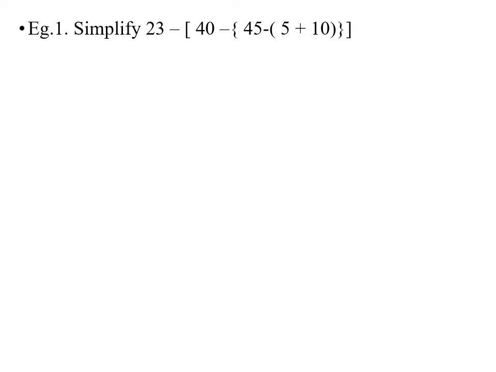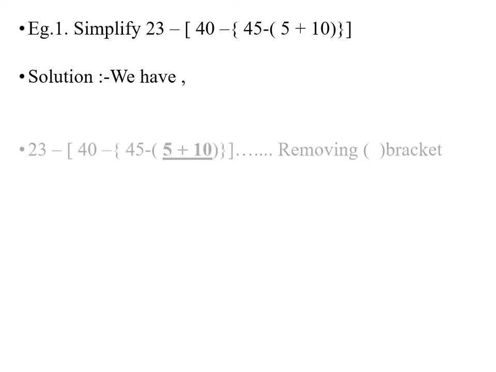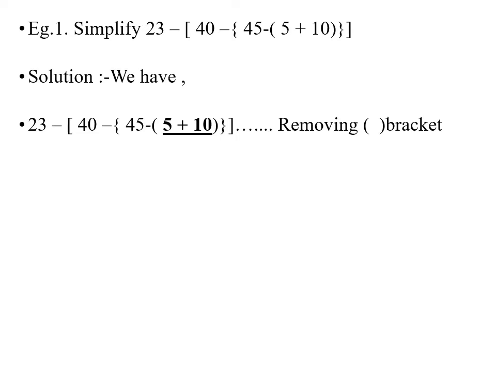See here in example 1, all three types of brackets are there, and besides that subtraction and addition operations are there. So let's see how to solve. Here first we have to solve the round bracket. Under the round bracket two numbers are there, that is 5 plus 10.